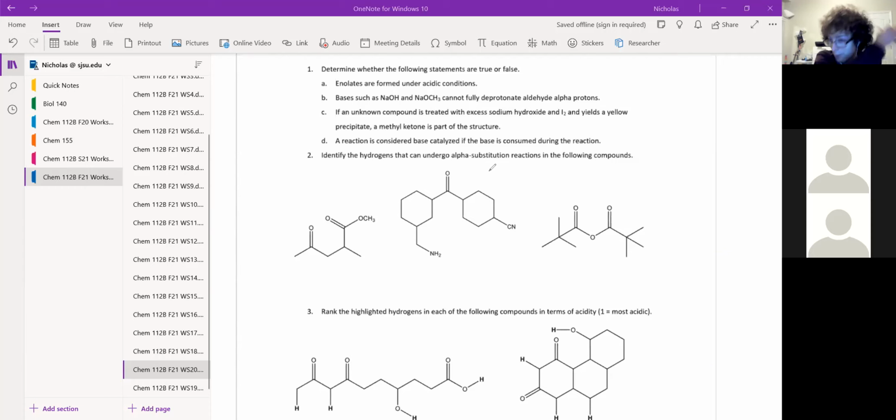Yeah, and what's the alpha carbon? It'd be the second position after the carbonyl carbon. Yeah, so if you're looking at this carbonyl, that's carbon 1, and then these two you could say are number 2. They're right next to the carbonyl carbon, so those are both alpha. And then the hydrogens on those carbons are the alpha hydrogens that you're interested in for these reactions.